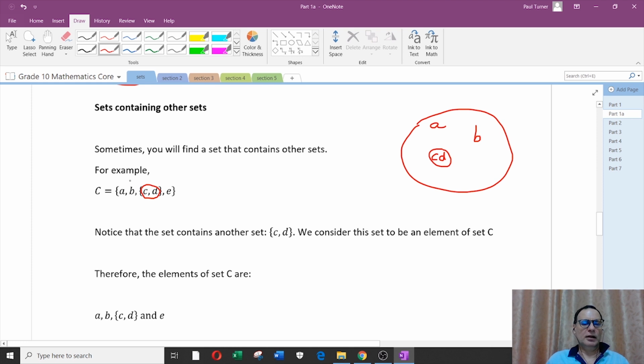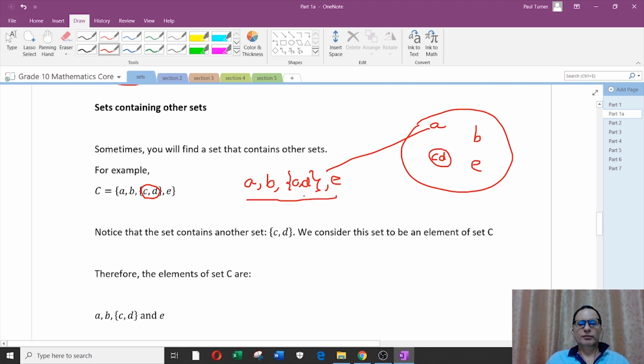And then there's another element, E. In a question like this, these are the elements. So the elements are A, element B, element CD, and element E. Okay, so in here there are 4 elements.